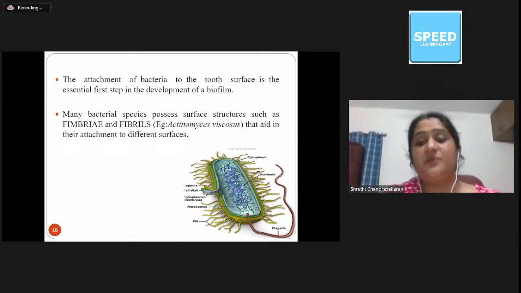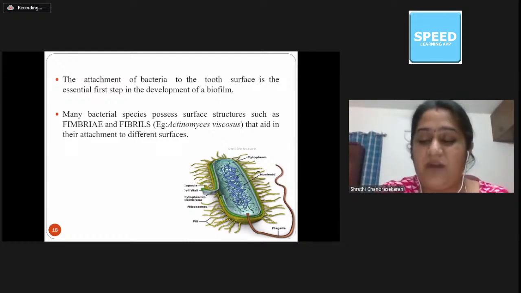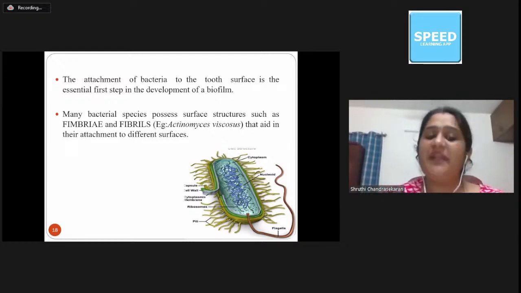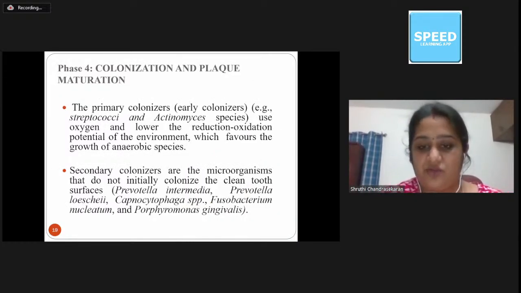So once the attachment of the bacteria to the tooth surface is completed, it is known as the first step and the most crucial step of any biofilm or plaque formation. So many bacterial species will contain certain surface structures such as fimbriae and fimbrials, which will help in the attachment to the different tooth surfaces. So with this, we have seen how the bacteria is firmly attached to the tooth surface.